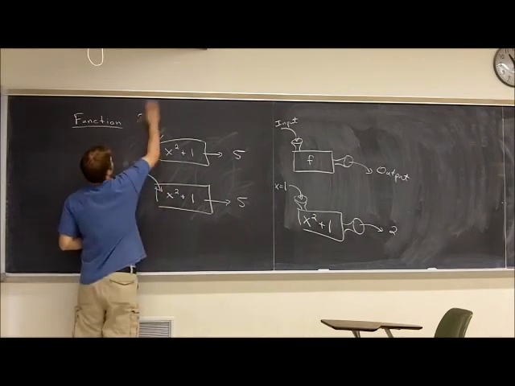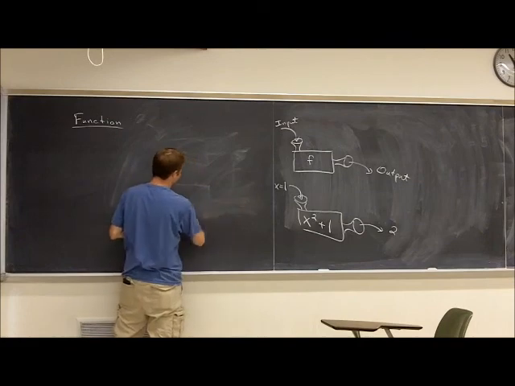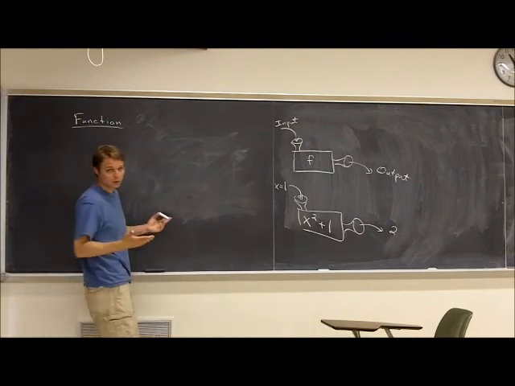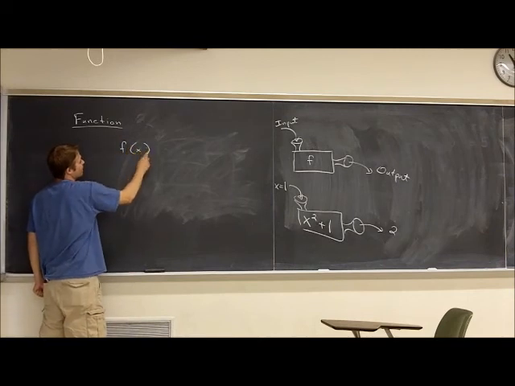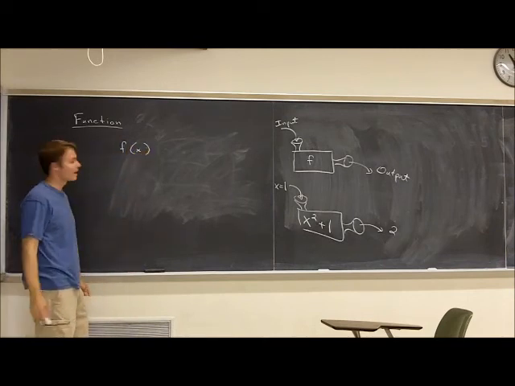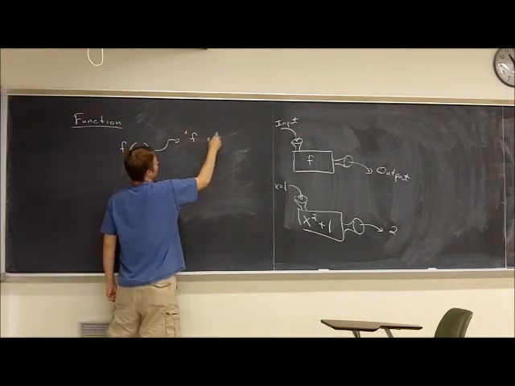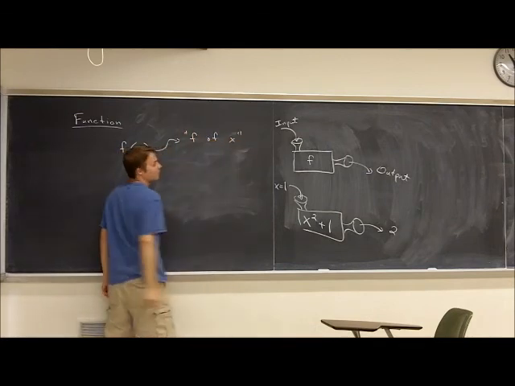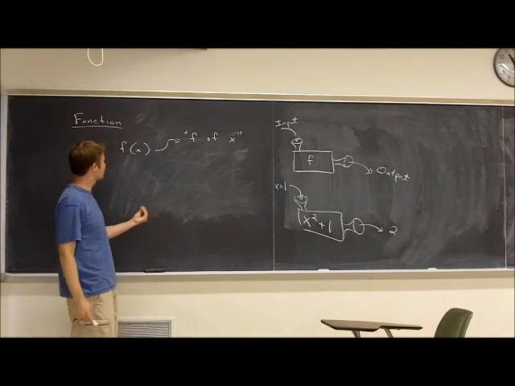So a more convenient way of writing this, instead of writing our machine every time, we have some notation for this. For example, the way we typically write this is f of x. So we would usually say this f of x, or the function of x.